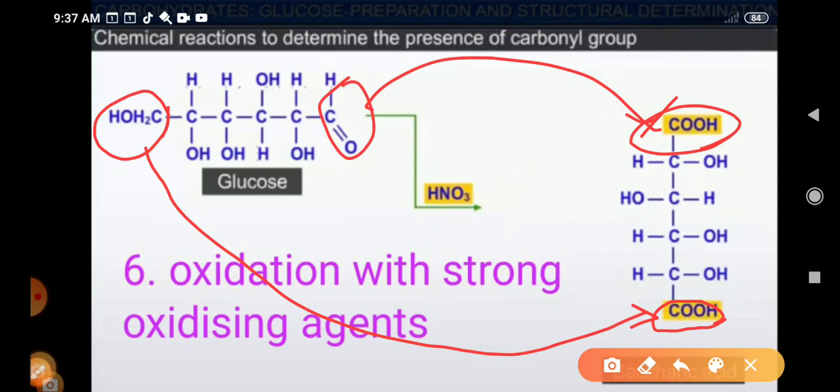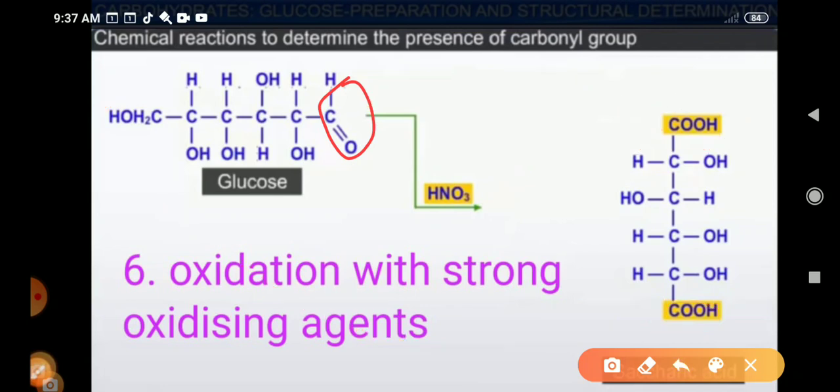That means oxidation is taking place, and only in the presence of a strong oxidizing agent does the alcoholic group get converted into acid. So what does it show? It shows that the glucose molecule has one primary alcoholic group, which can be converted into an acidic group using a strong oxidizing agent.